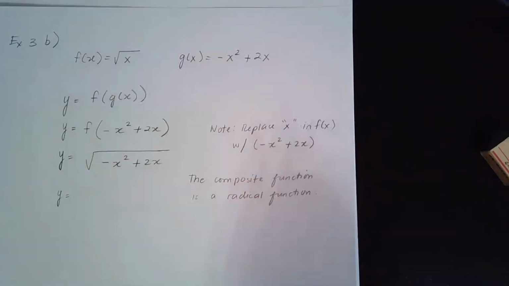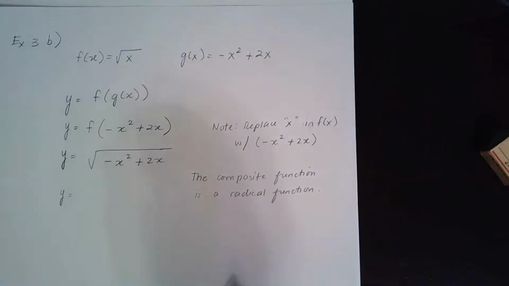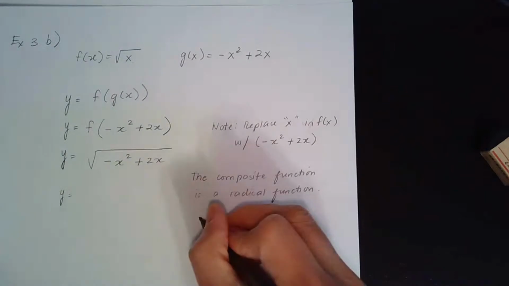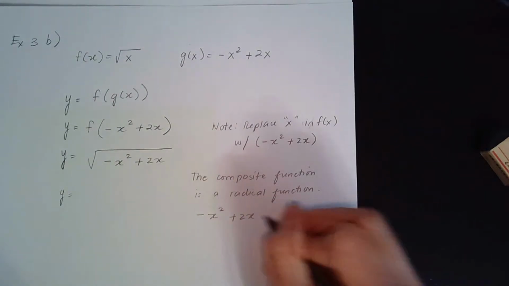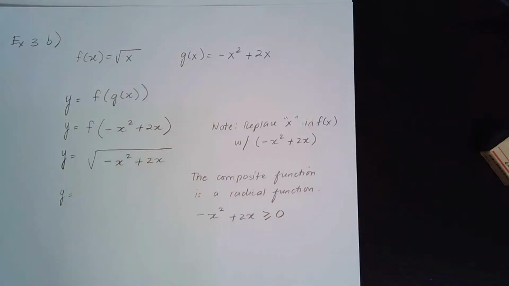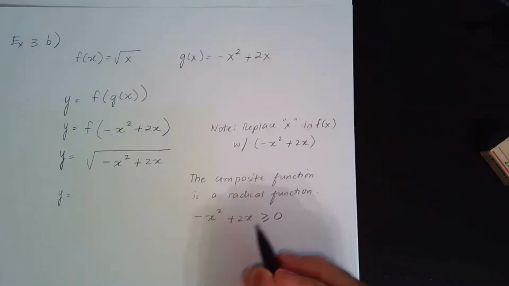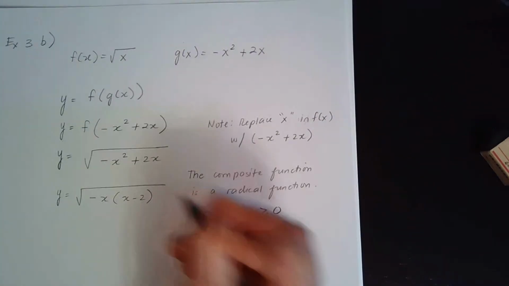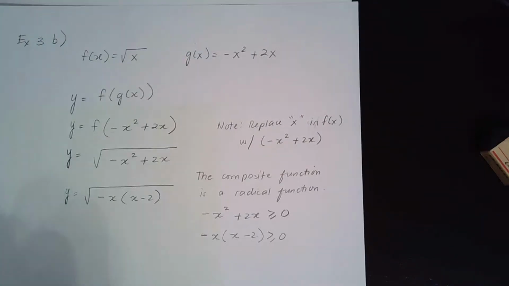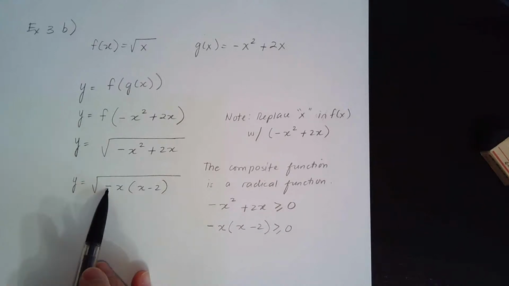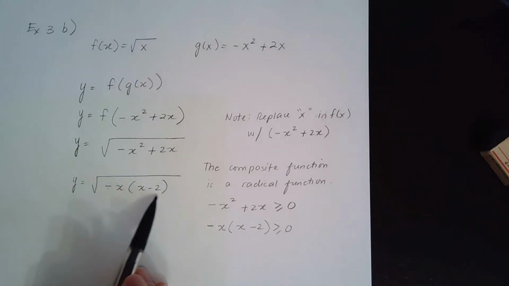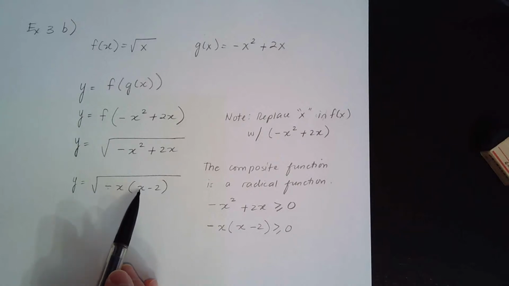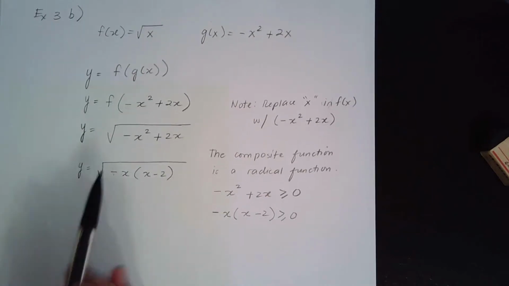Because it's a radical function, negative x squared plus 2x has to be greater than or equal to 0. For it to be greater than 0, either this is positive and this is positive and the whole thing is positive, or this could be negative and this could be negative, so the whole.